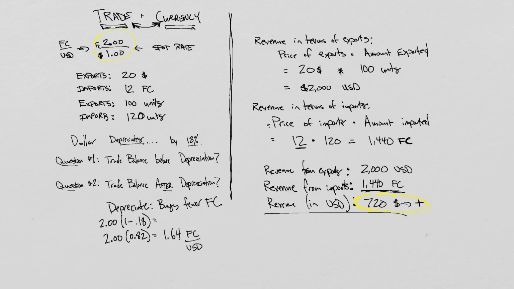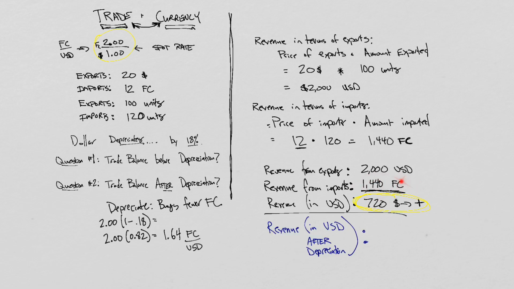Let's create a new line here, the revenue in terms of USD after depreciation. We imported 1,440 units of foreign currency, and let's say that number stays the same, then the only thing that we need to change is what this is worth under the new exchange rate.